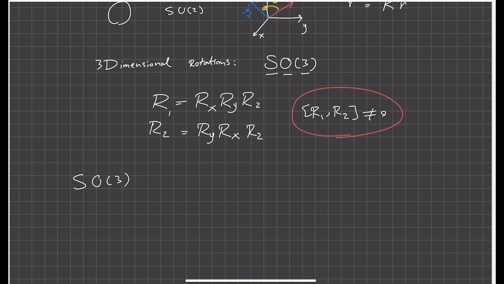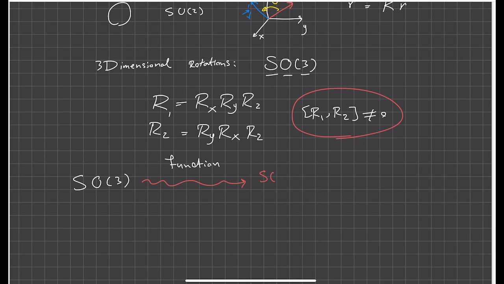The term isomorphic mathematically means that we can find a one-to-one function. So there is a function here to take any member of the SO3 rotation group to SU2, or a special unitary group with the trace of 1. So we are basically reducing the dimensionality of SO3 to SU2.